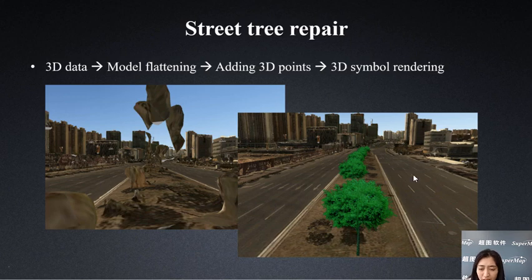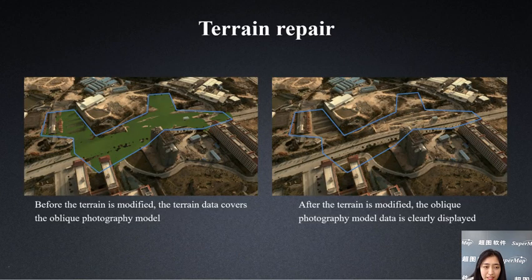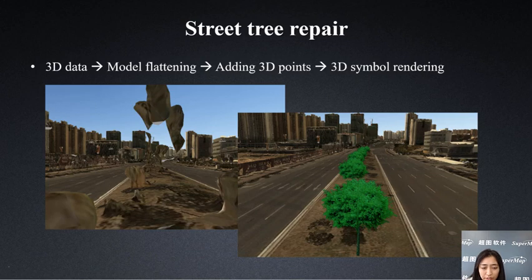Finally, you could use a 3D model symbol, like this tree 3D point symbol, to replace it in the area to complete the optimization of the small-scale feature effect. Okay, that is the straight tree repair.